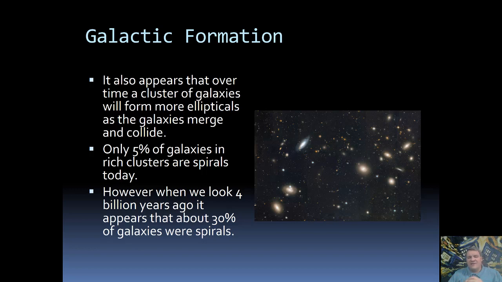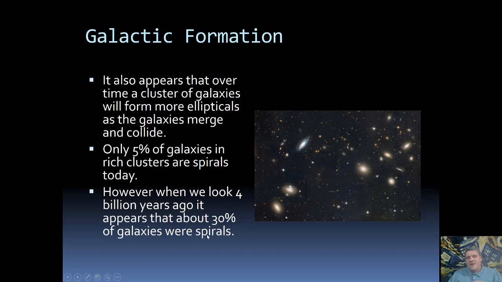We actually have evidence for this as we look at rich galaxy clusters. So again, remember, rich clusters are these ones that contain thousands of galaxies. When we look at rich galaxy clusters that are around 4 billion years away from us, meaning we see them as they used to be 4 billion years ago, about 30% of the galaxies in these rich clusters are spirals.